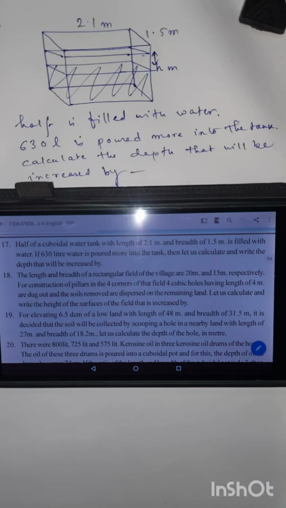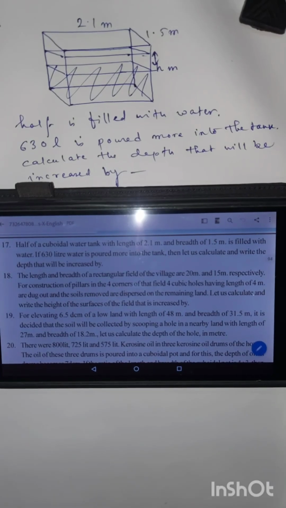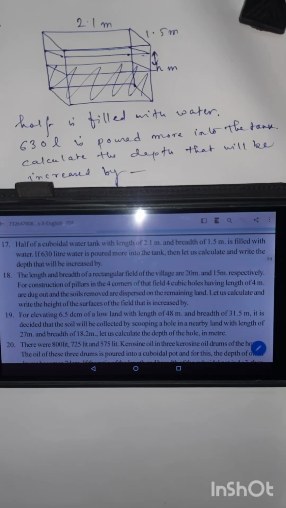So we need to find out the height, the increase in water level.